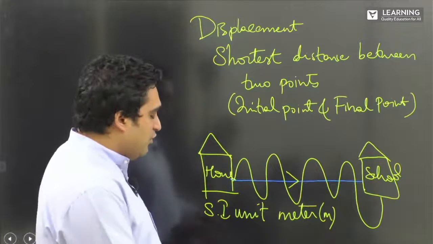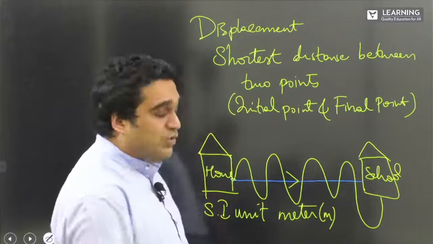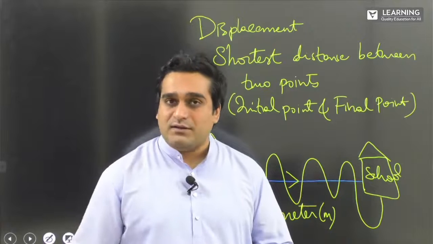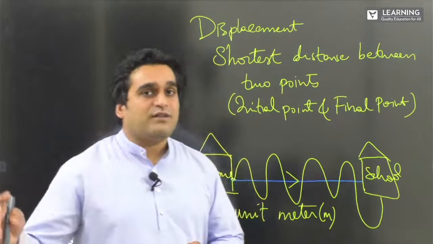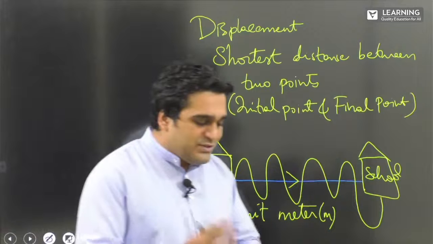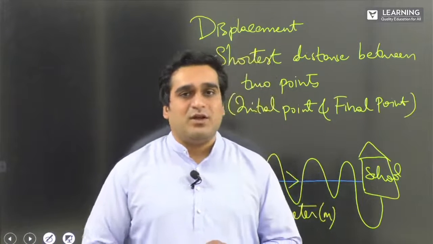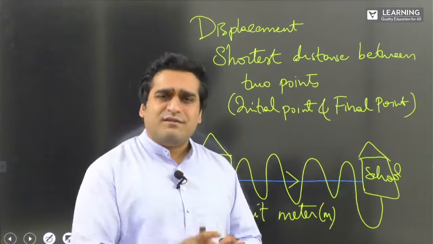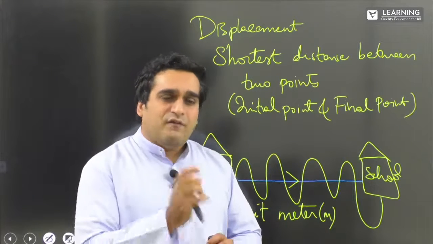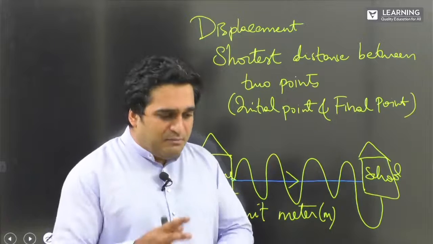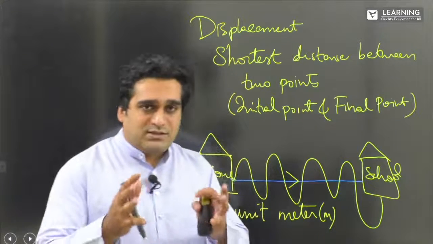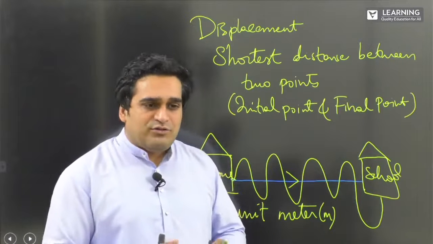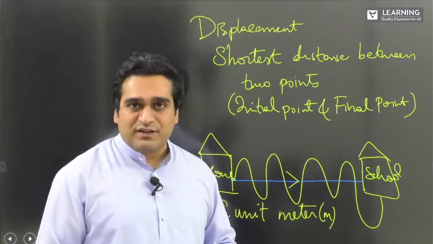So when you make note of this physical quantity, you write a number, let's say displacement is 5 meters, and you also make note of the direction. You will soon see that there are physical quantities which have some value with a direction, and some physical quantities that have value but no direction. A couple of examples: mass. When you say the mass of an object is 5 kg, you don't ask in which direction it is 5 kg.